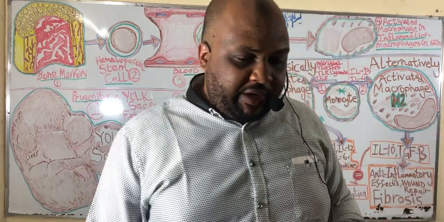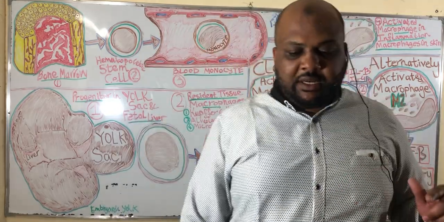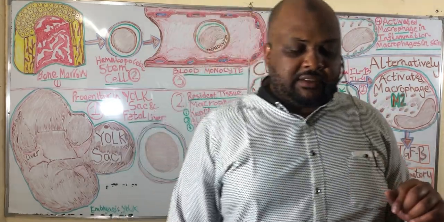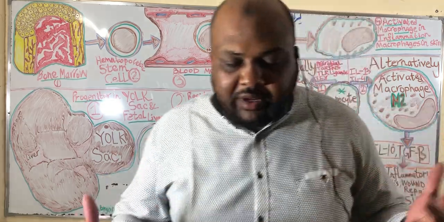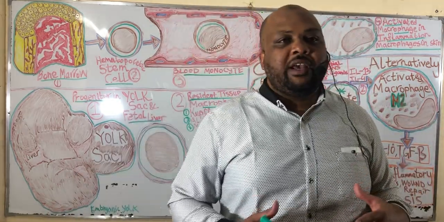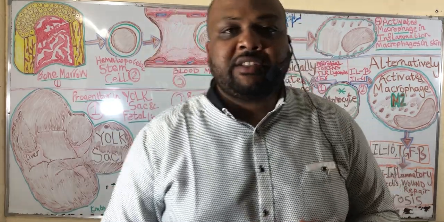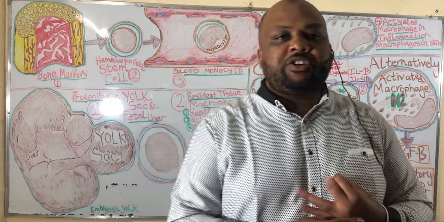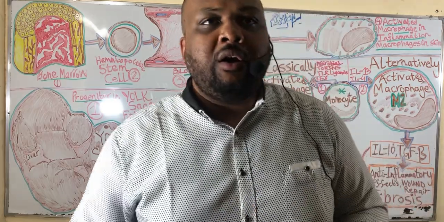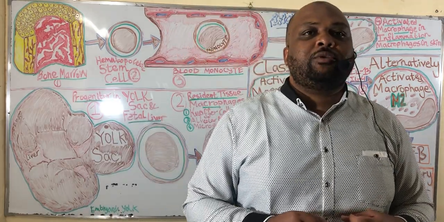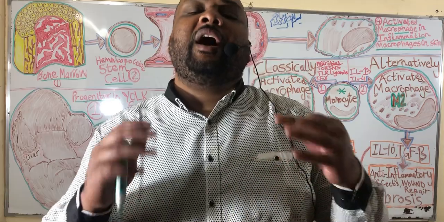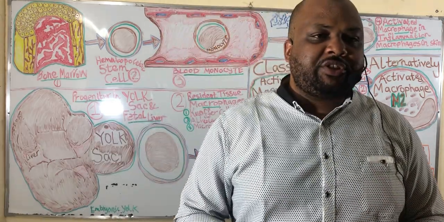Just to recap real quick, we have to understand very well that we have normal healthy tissue. This normal healthy tissue is susceptible to ultraviolet radiation, to chemical agents like corrosive detergents, and to physical agents like very high or very low temperatures.